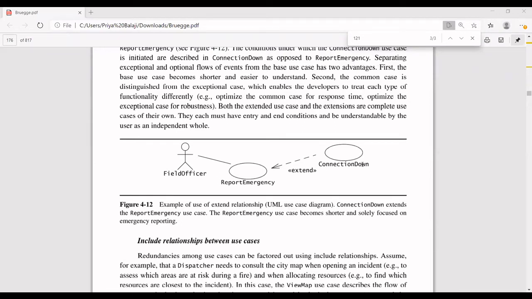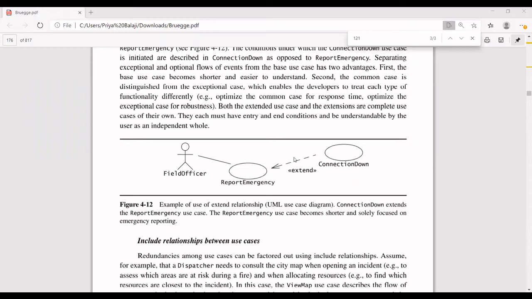For that, you need a connection-down use case, which is called an extends relationship. It is not exactly inside your product, but it can be outside it, and it can be used as an extend relationship to your particular use case.